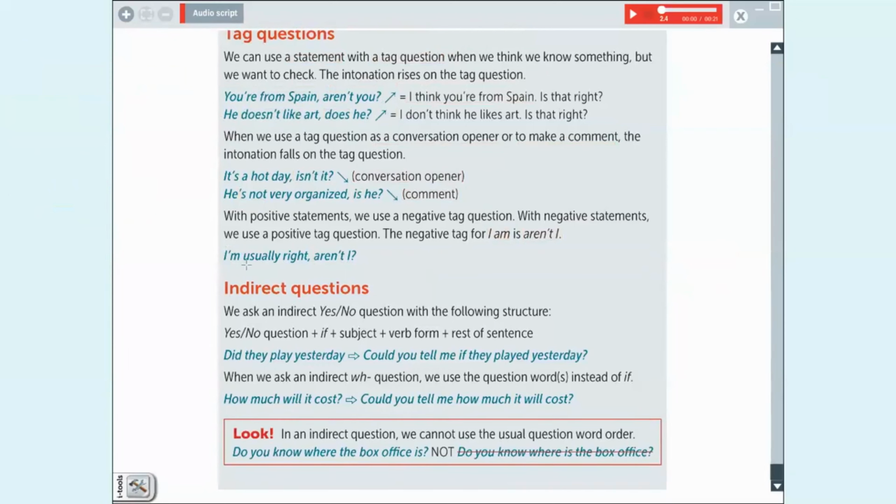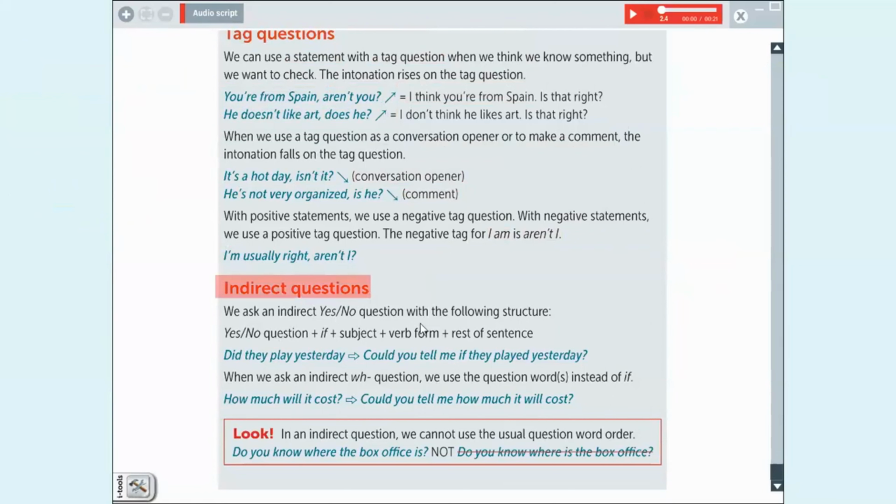Let's finish with indirect questions. In the indirect questions, we basically create polite questions. We need two parts. We need the question itself, and then we need a clause joined to that first part of the question.